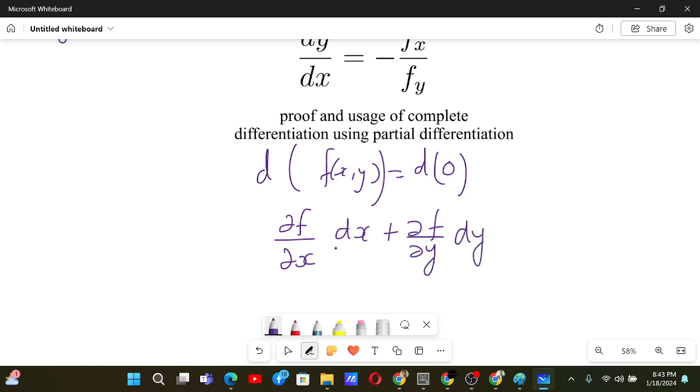So this will get in this form. Basically, with dx we will have partial derivative of f with respect to x, and with dy we will have partial derivative of f with respect to y, and this will be 0.